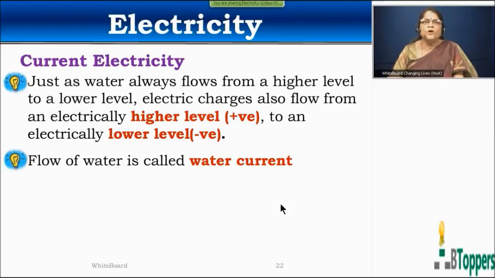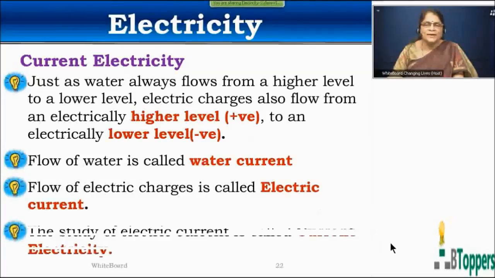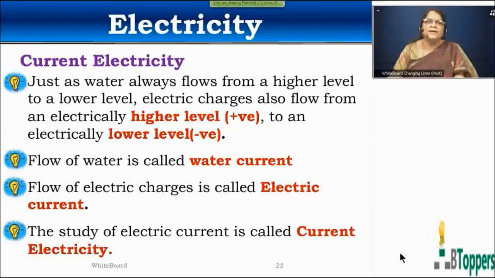The flow of water we call water current. Similarly, the flow of electrical charges is called electric current. So the flow of water is called water current and the flow of electric charges is called electric current. The study of current electricity is called current electricity.